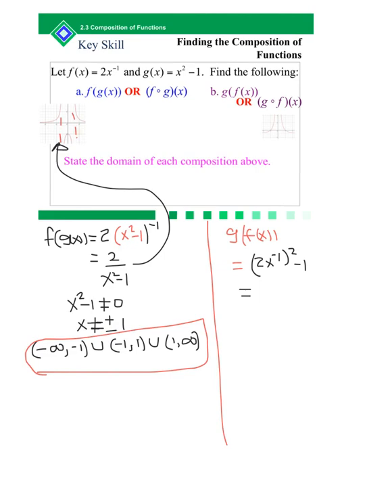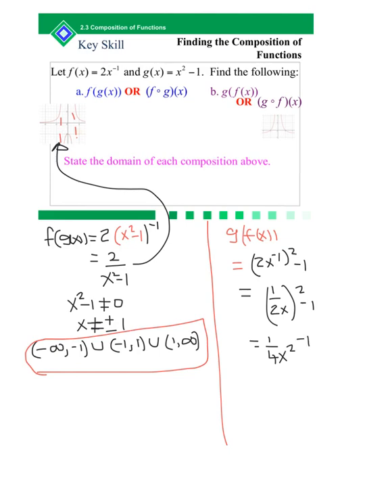Remember, this is the same as 1 over 2x, all that squared - 1, and see, this is the same as 1 over 4x squared - 1.